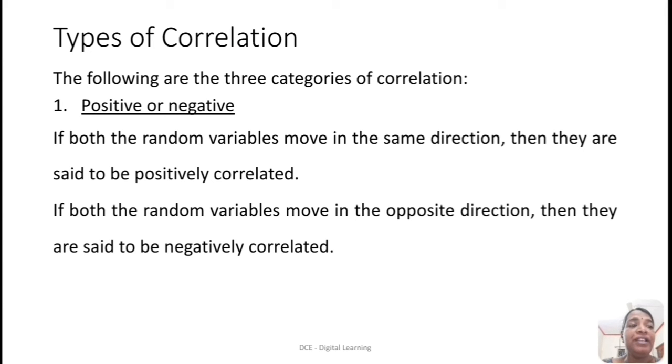Suppose x is decreasing, y is also decreasing, then also we call it positive correlation because both the variables move in the same direction. But if the variables move in opposite directions, say x is increasing, y is decreasing, or y is increasing, x is decreasing, then we say that they are negatively correlated.